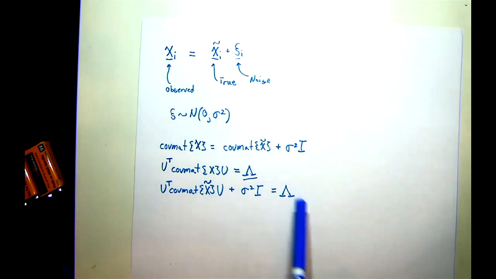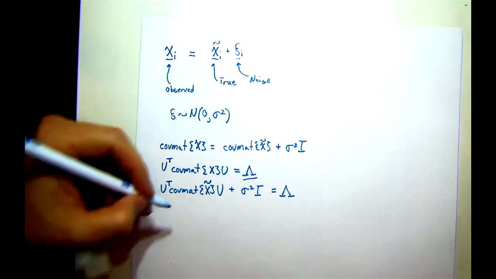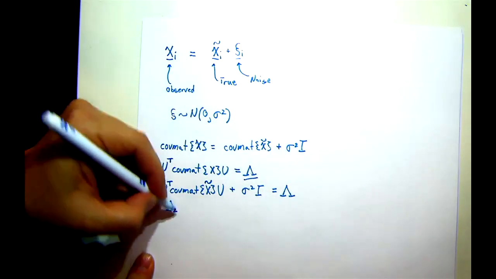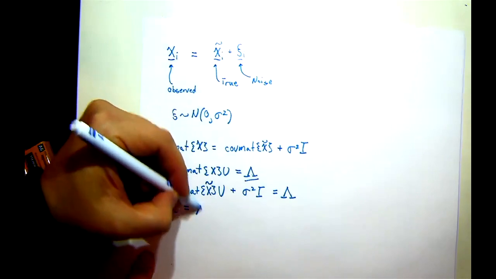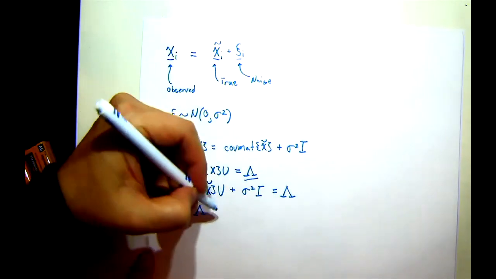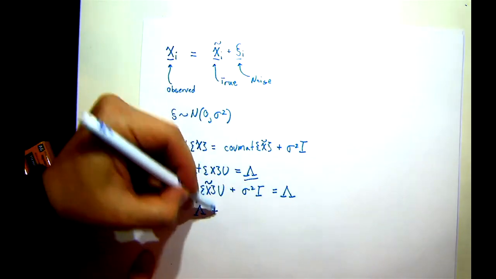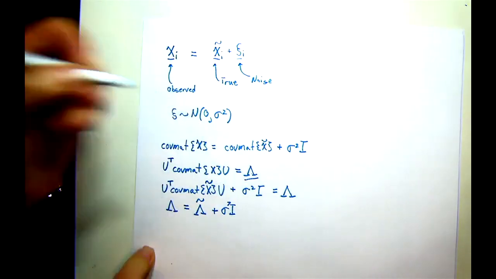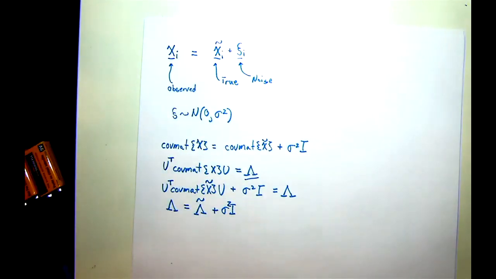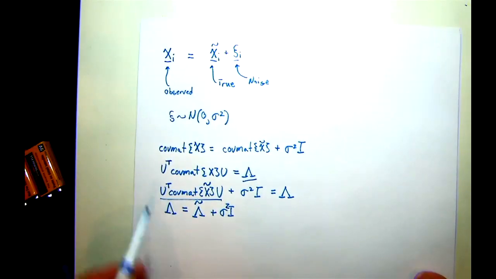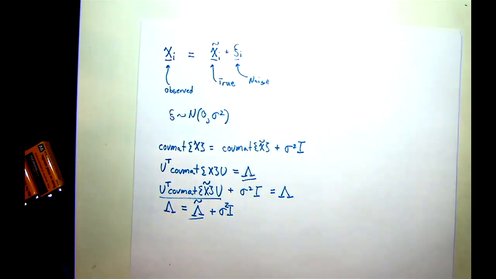So we end up being able to decompose this set of variances, and we can rewrite this as the eigenvalues equal to a new set of eigenvalues, which we're just going to call lambda tilde. Those are going to be the variances of the true real world values, whereas this is the variances of the observed values.